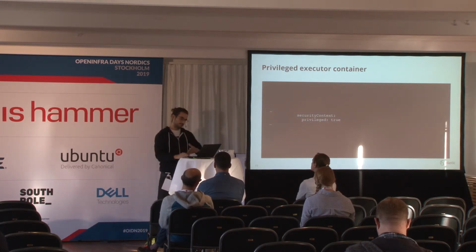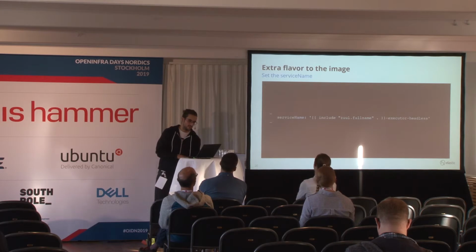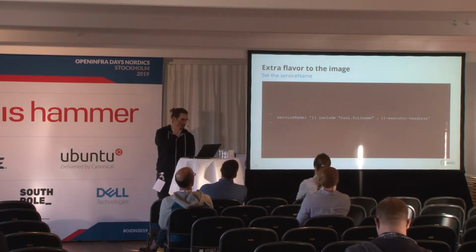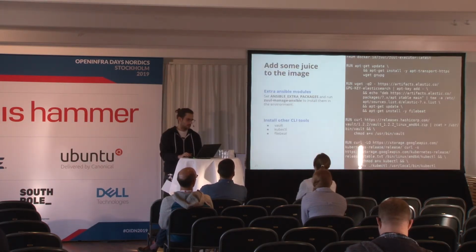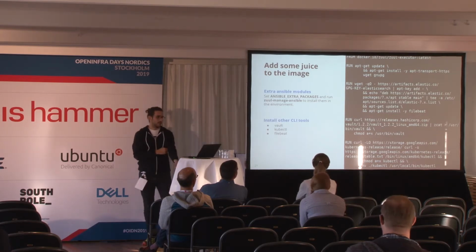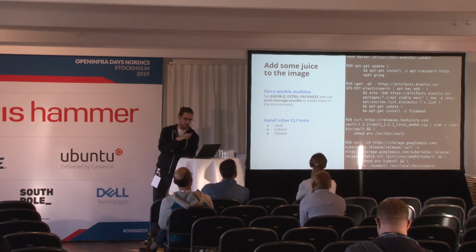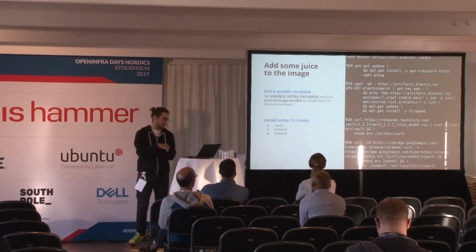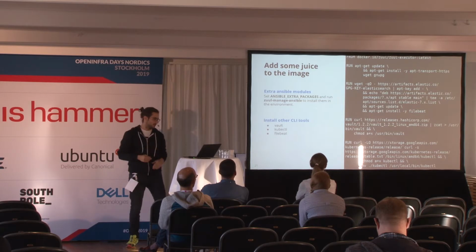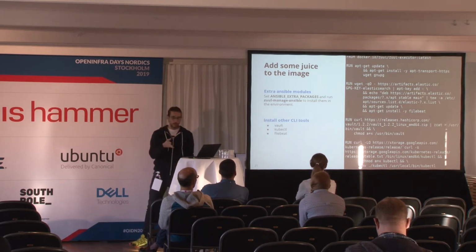So another config that is very specific to, oh, this is not the slide I was looking for. This is the slide I was looking for. Okay, that is a Dockerfile. You don't have to read it, but I didn't have an image to put there, so I just screenshotted my Dockerfile.